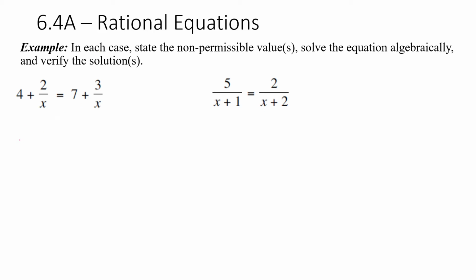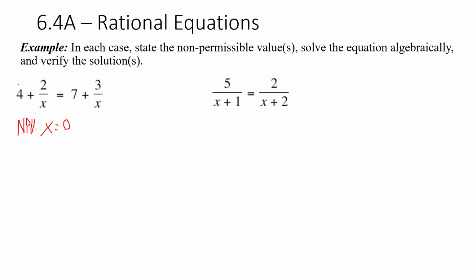First thing we want to do, non-permissible values. Can't forget about that. We're dividing by x here, so our non-permissible value, x can't be 0 in this case. We're just setting this equal to 0, so x can't be equal to 0. There's a couple of different strategies we can use.